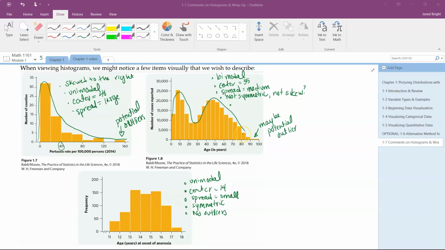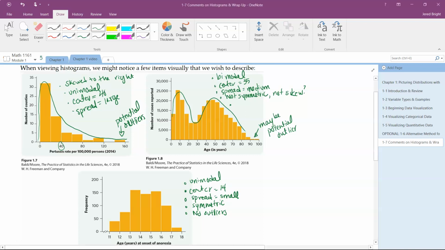I could see somebody saying that it's skewed to the right slightly, but it's definitely not symmetric. But I also think it's not really skewed. And I also said that maybe this is a potential outlier. We can follow these up with more precision later on once we have more tools.